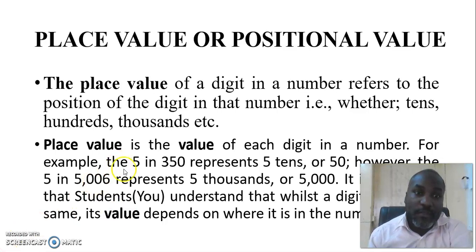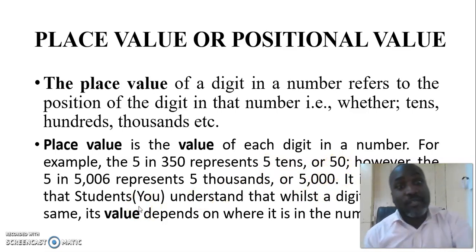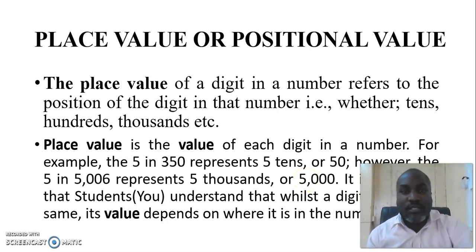For example, 5 in 350 represents 5 tens, or simply 50. Now, 5 in 5006 represents 5 thousands, or 5,000, as written on our slide here. It is important that students understand that whilst a digit can be the same, its value depends on where it is in that number.